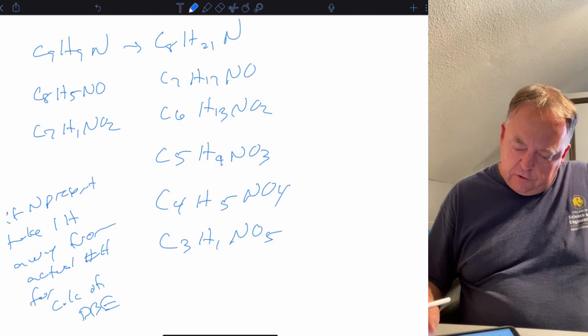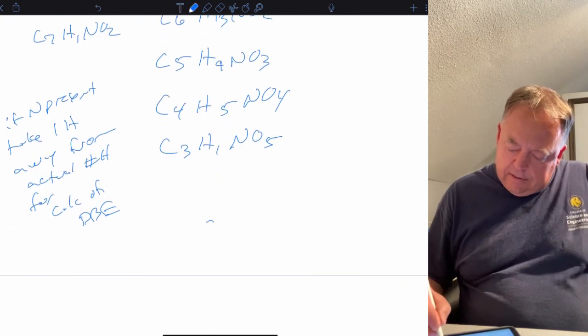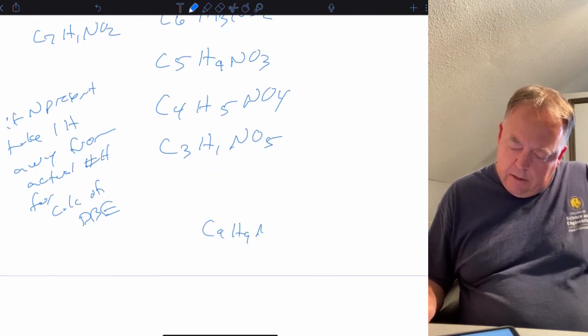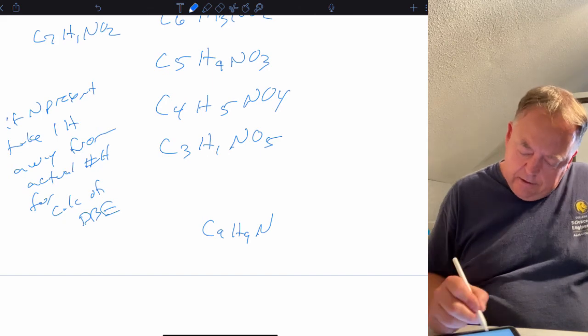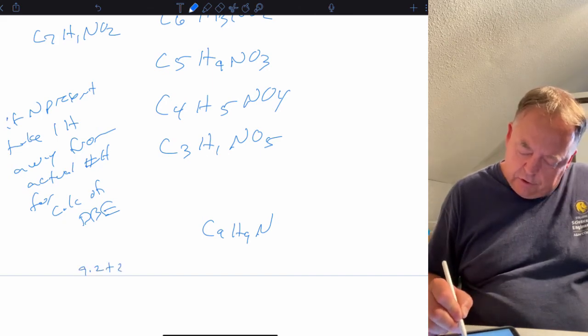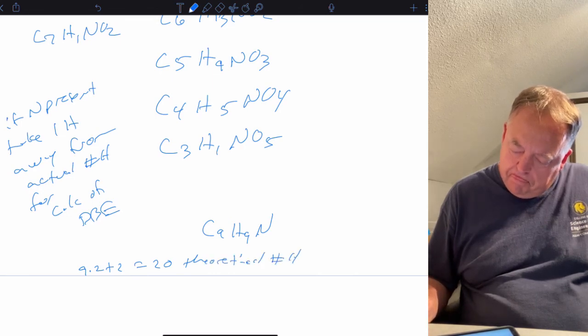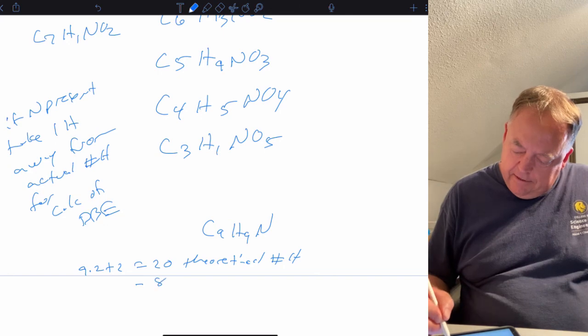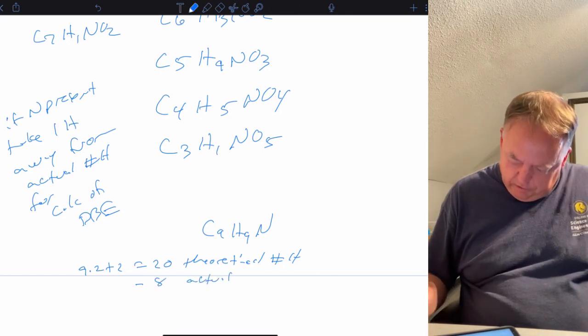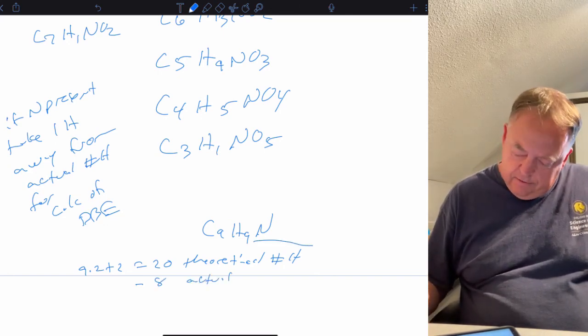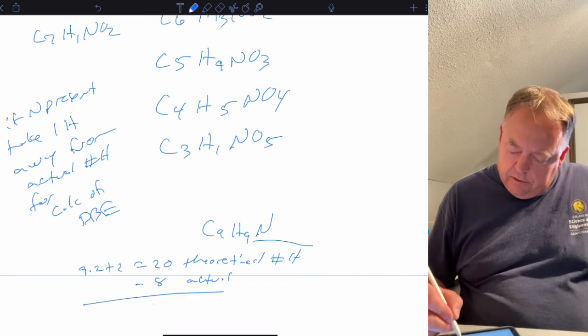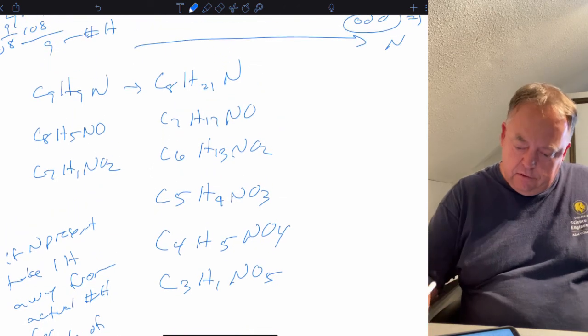So if we take this first formula, C9H9N, so 9 times 2 plus 2, 20 is theoretical. And then minus 8. So we're going to take one away because of the nitrogen, so that gives us 12 divided by 2 is equal to 6 double bond equivalencies.